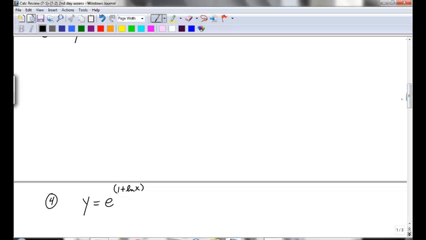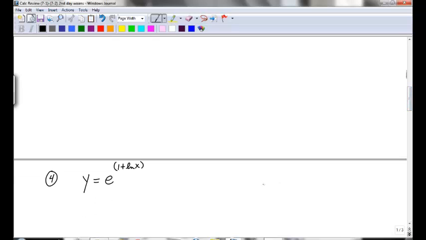Okay, y equals e to the 1 plus natural log of x power. On this one, you should be looking at this on your card. Y equals e to the u power.